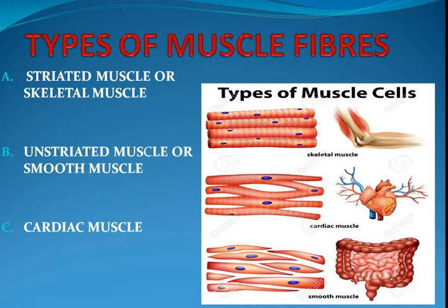They have striation, so they are striated muscle fibers, or skeletal muscle fibers. Then they may be unstriated muscle fibers. Here we do not find any striations. So they are unstriated muscle fibers, also known as smooth muscle fibers. And then we can find a special type of muscle fiber, the cardiac muscle fiber, which is present in the heart. So now we will discuss these muscle fibers one by one.